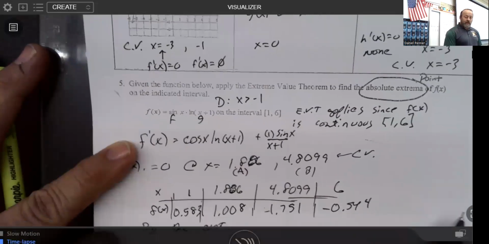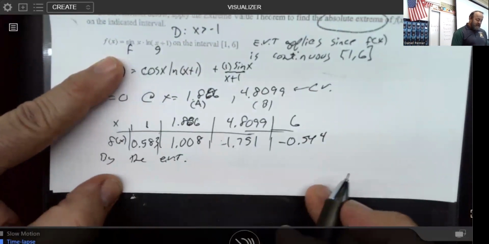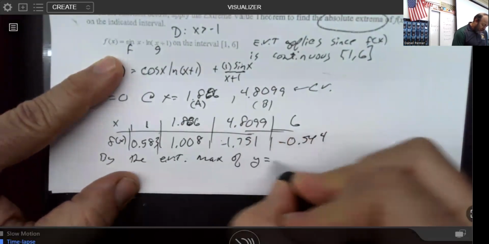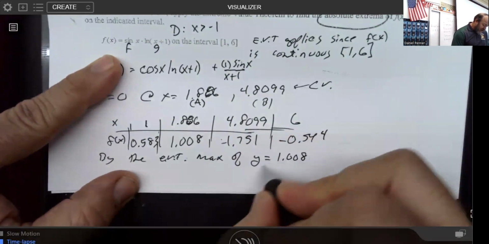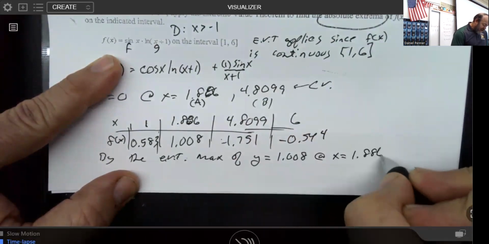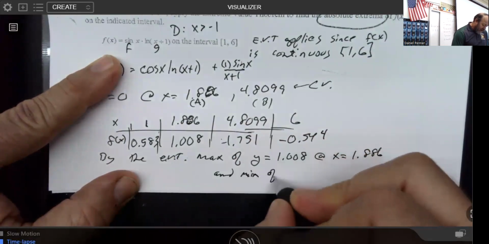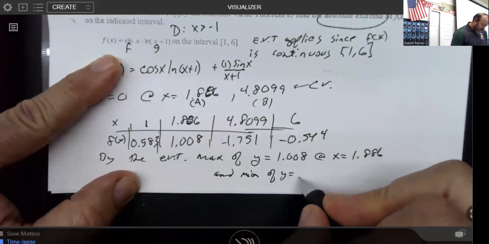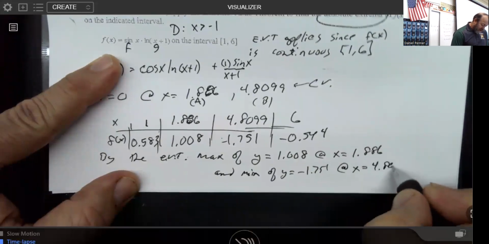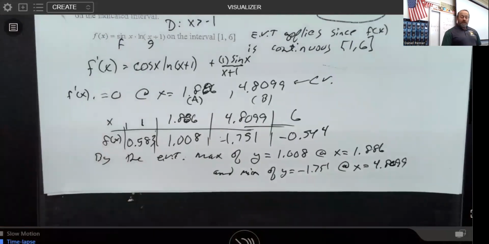And so what I could say is by the EVT, the extreme value theorem, let's see if I can move my paper around so you can see it better. By the EVT, there is a maximum of y equals 1.008, or we could say, of course, f of x at x equals 1.886, and an absolute minimum of y equals negative 1.751 at the value x equals 4.8099, because those were in fact the largest and smallest numbers respectively for this particular function.